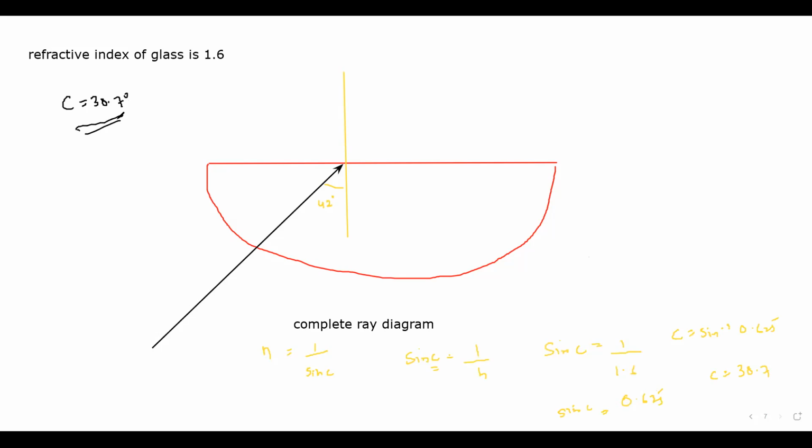So the critical angle is 38.7 and the angle of incidence is 42. So when we compare, in this example, the angle of incidence is more than the critical. So if the angle of incidence is more than the critical, what will we observe? The critical angle is 38.7, but the angle of incidence is more than 38.7. So which phenomenon will we observe?